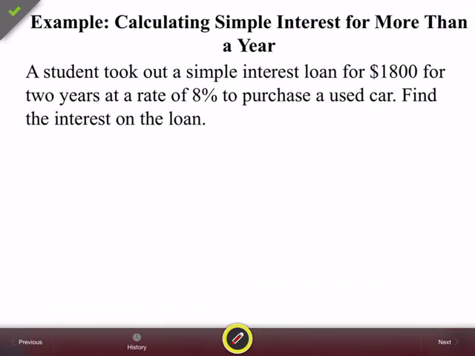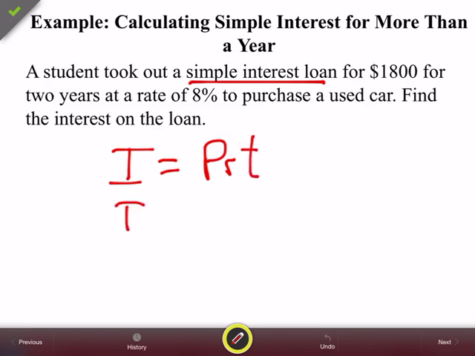A student took out a simple interest loan for $1,800 for 2 years at a rate of 8% to purchase a used car. Find the interest on the loan. So now it tells us it's simple interest, so we know the interest equals PRT. And we know the principal, the beginning amount of the loan, is $1,800.